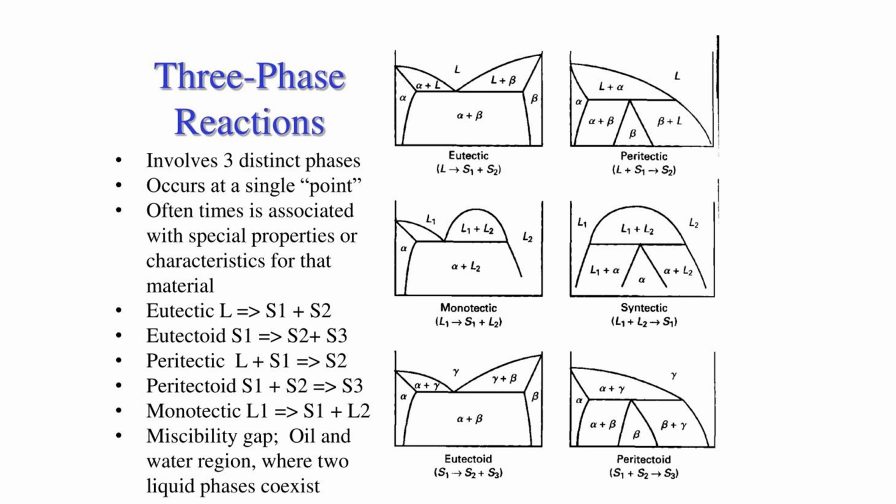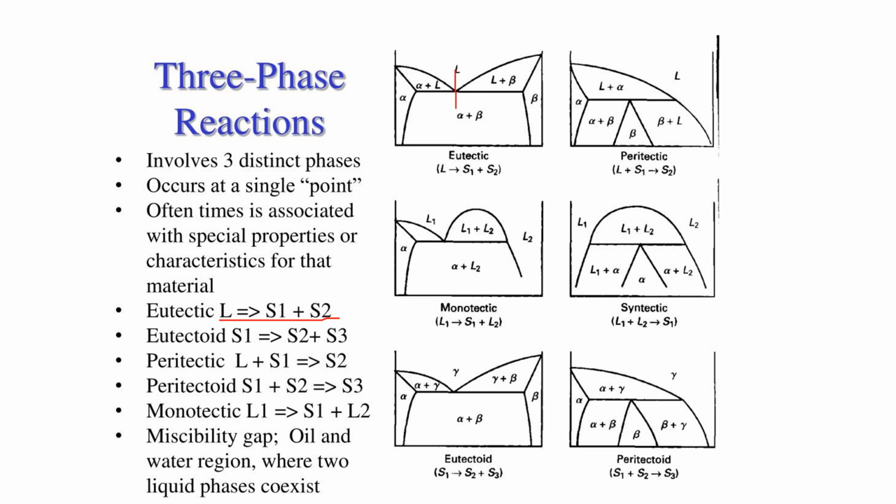The three-phase reaction occurs. The eutectic reaction: for the liquid phase, liquid is transformed into two solids. At the eutectic point in this figure, the liquid phase is directly transformed upon cooling.